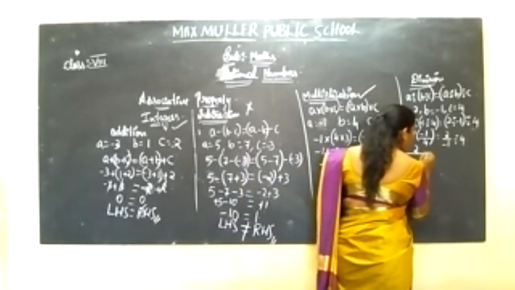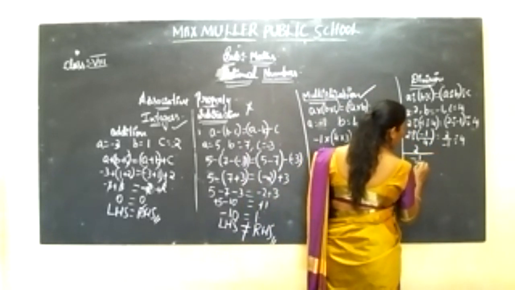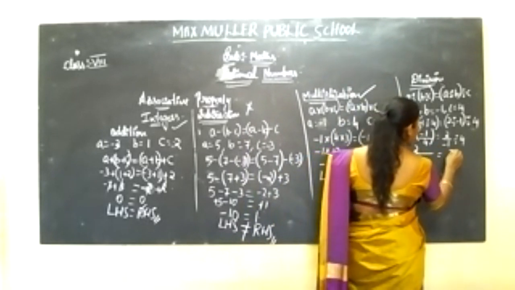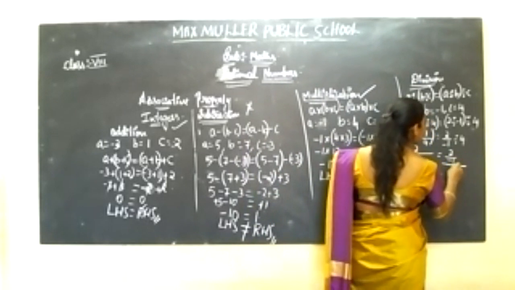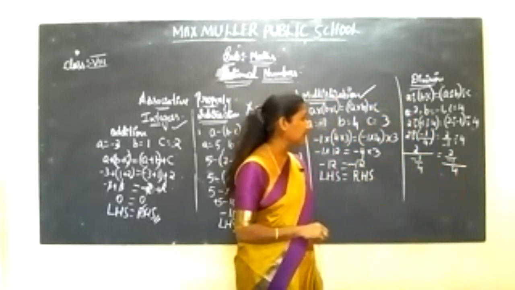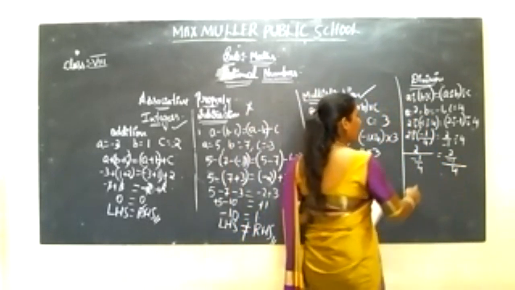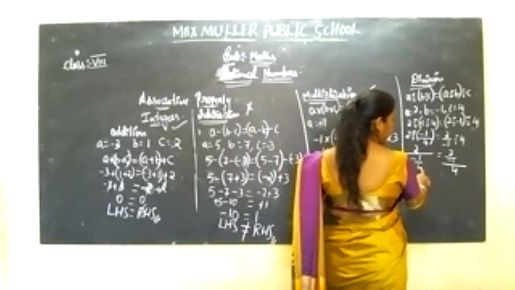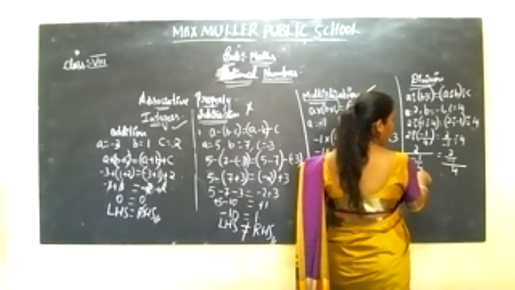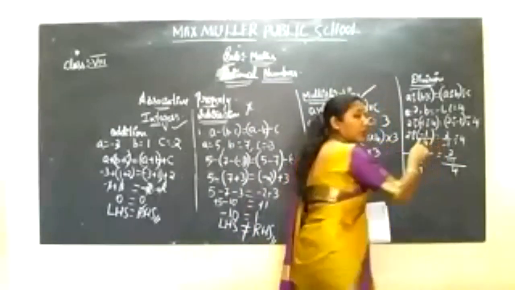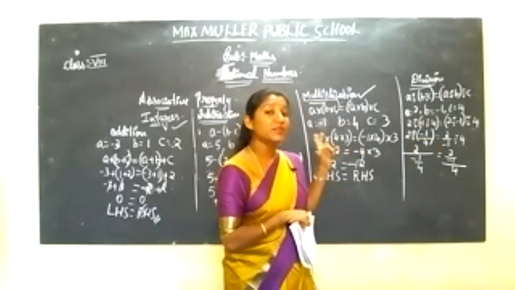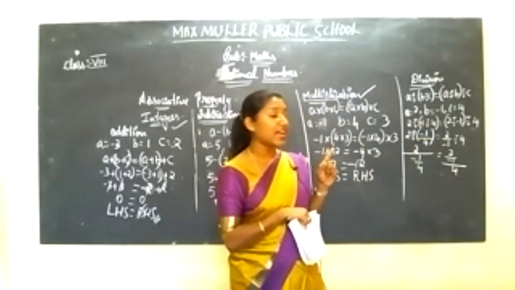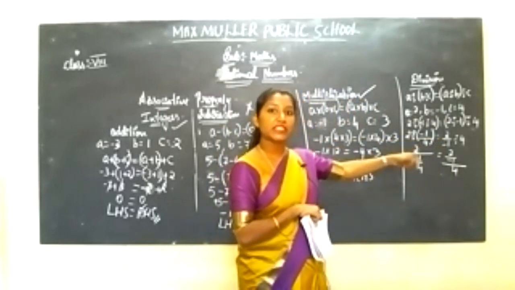So 2 whole divided by -1 by 4 is equal to 2 by -1 whole divided by 4. You will write like this. So this 4, if it is down, -1 by 4, if it goes up to the numerator, as I explained in the earlier classes, it becomes reciprocal.